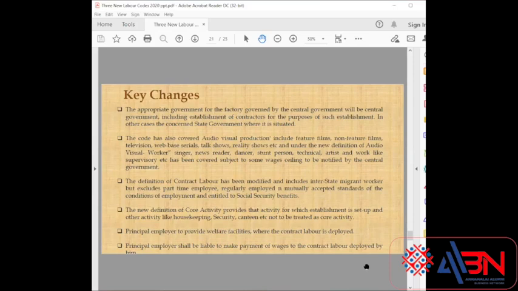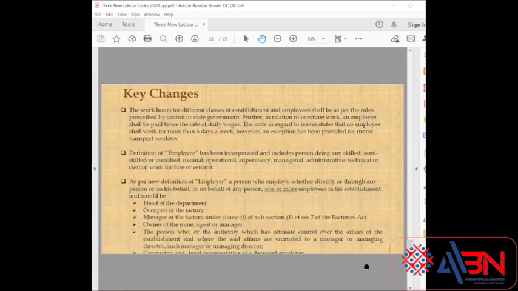Most of the time they don't end up getting payment through the agency, although the agency is being paid by the employer, the agency had not made proper payment. So now this code has made it clear that the principal employer will be the organization, whether they've made the appointment through the agency or not; the principal employer is the organization for which the contract employees will be working.